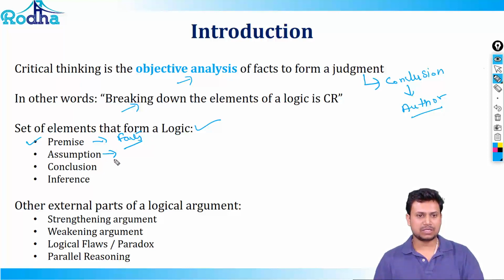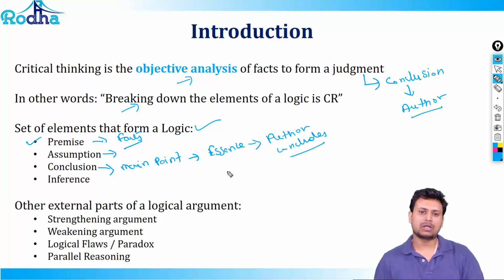Second is the assumption, and we'll talk about this in the later slides. Conclusion, as I told you, is the main point, the essence. You can call it the central idea, or finally something that the author concludes. So the author always concludes, and whatever he concludes is the conclusion.